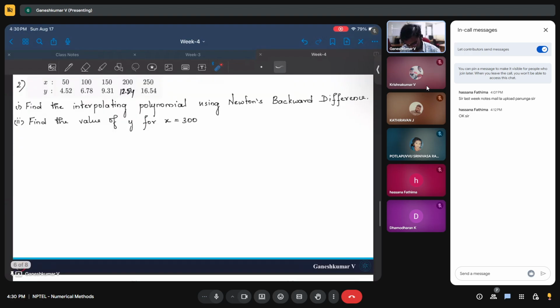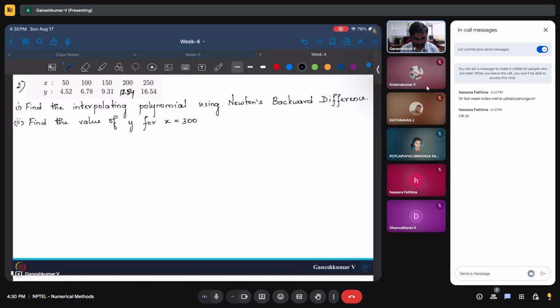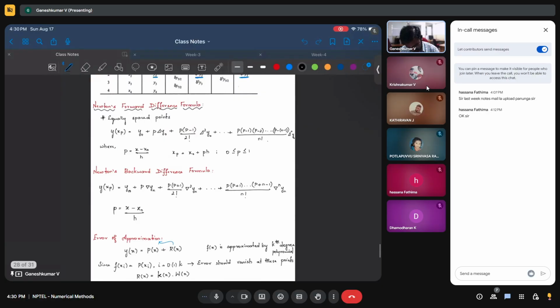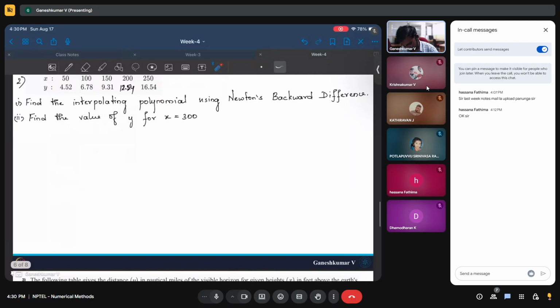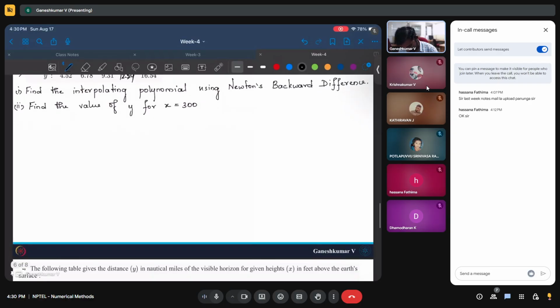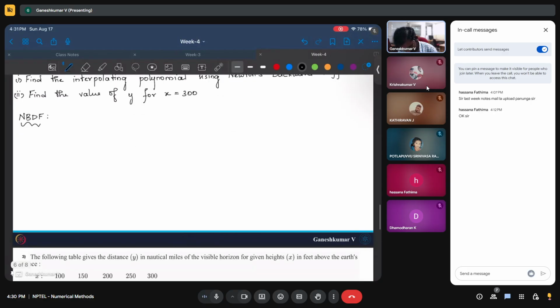Okay. Now, to get the interpolating polynomial, we were asked to use Newton backward difference. So if we go back to the backward difference formula, we will be using this formula here. Should I copy, or I'll just write it once. So what is Newton's backward difference formula? Maybe NBDF, I don't know how to call it in short form.